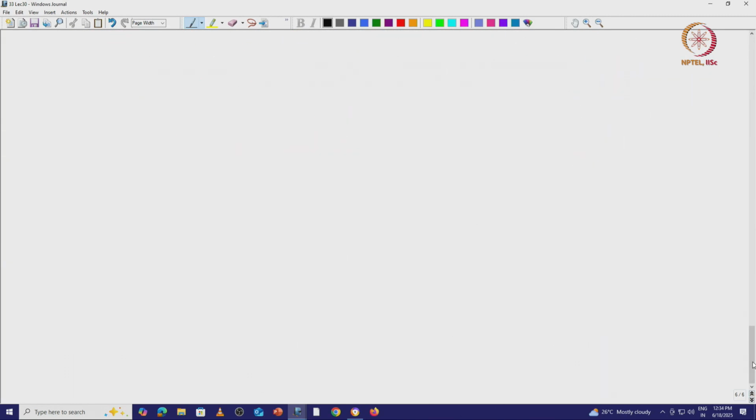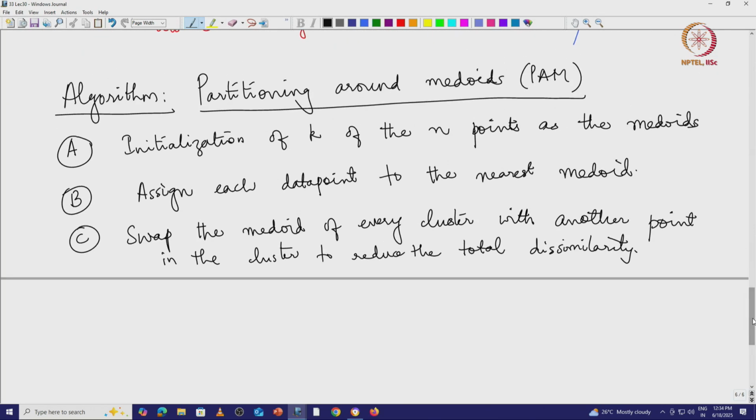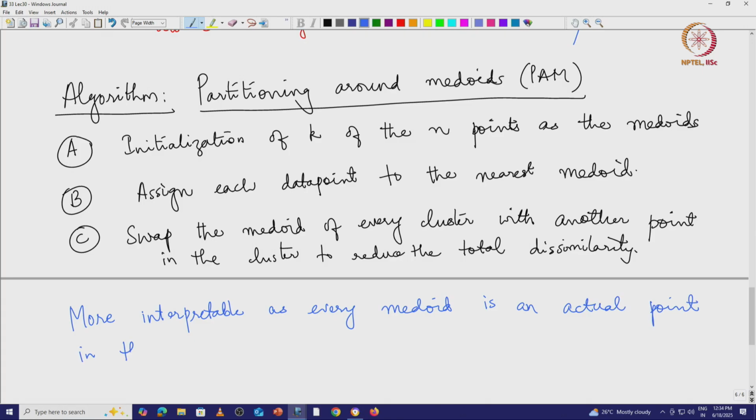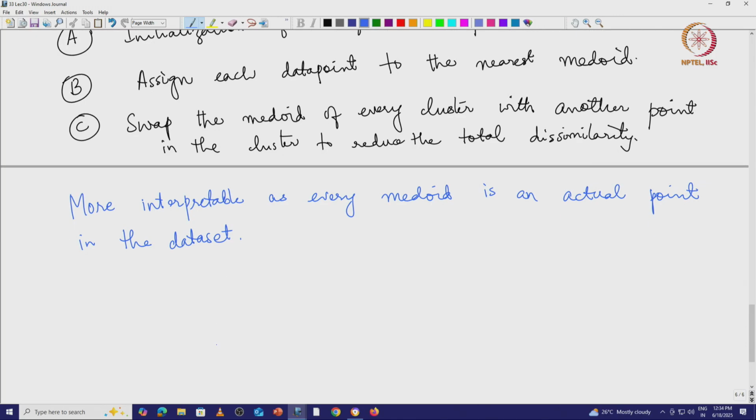Okay. So, this is K-medoids clustering, and it is quite useful and interpretable because each medoid is a real point in the data set. So, it is more interpretable as every medoid is an actual point in the data set. Okay, I hope this makes sense.